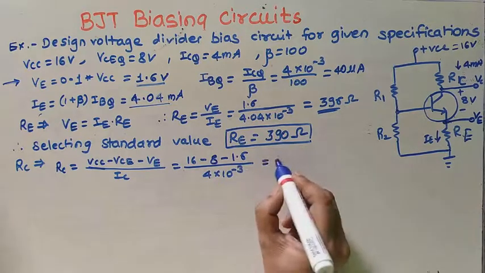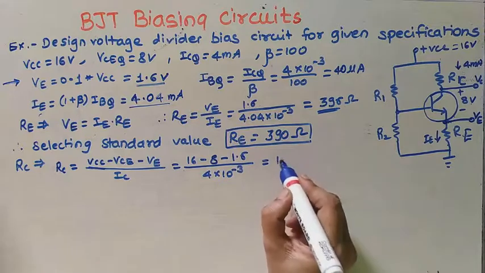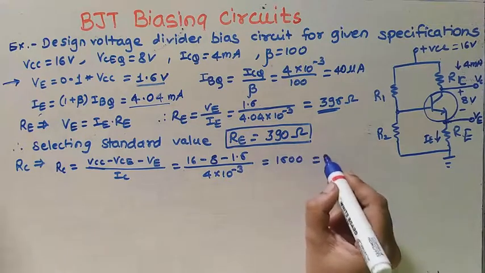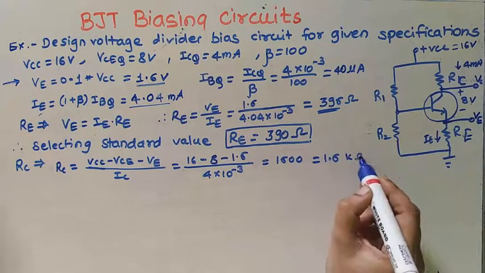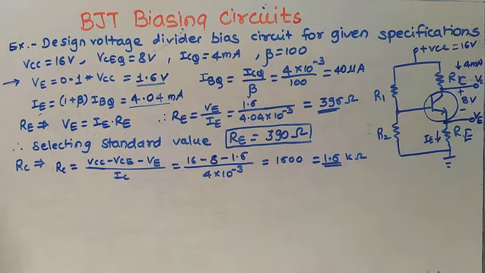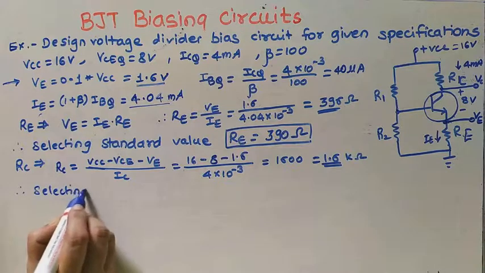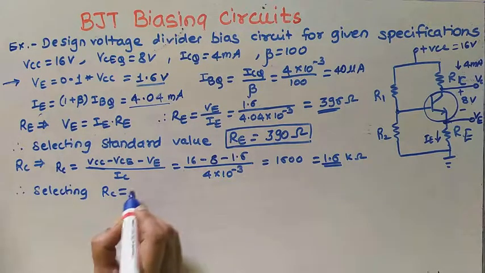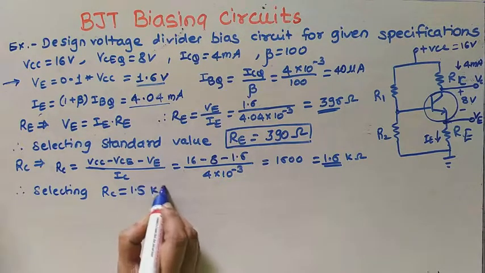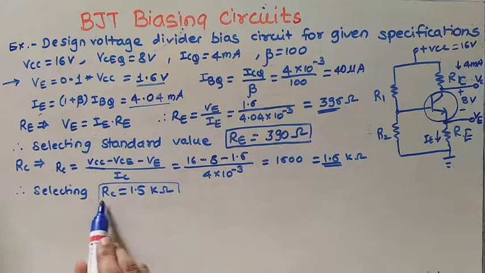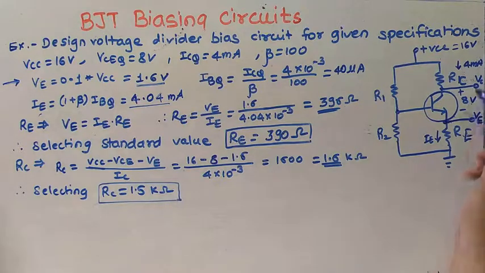So here we are getting it equals to 1600, which is nothing but 1.6 kilo ohm. Therefore, selecting standard value we will have RC is equal to 1.5 kilo ohm. So we have obtained RC and RE.